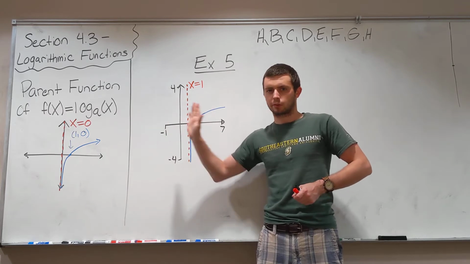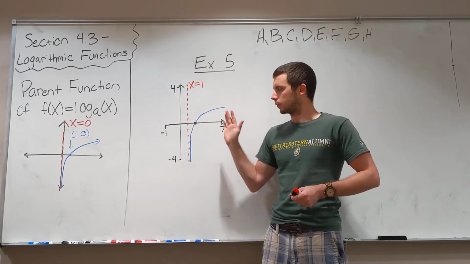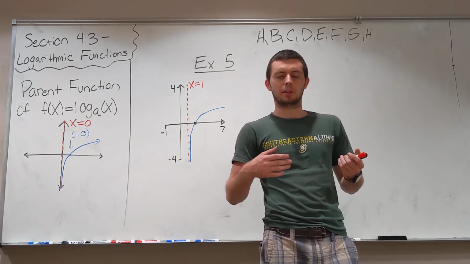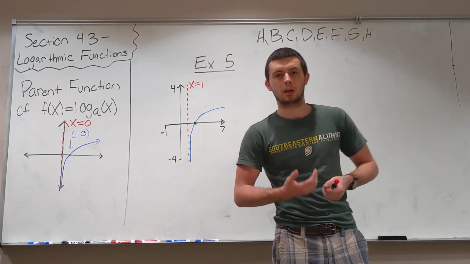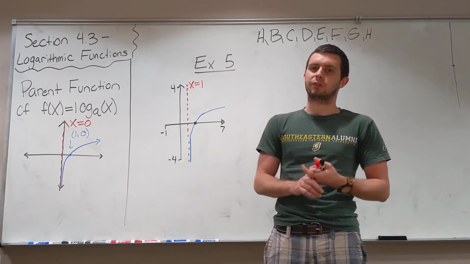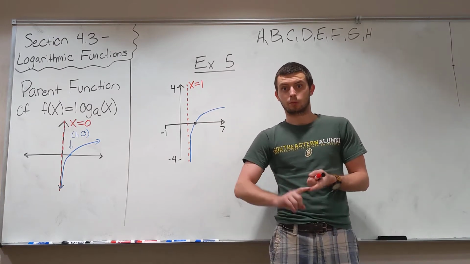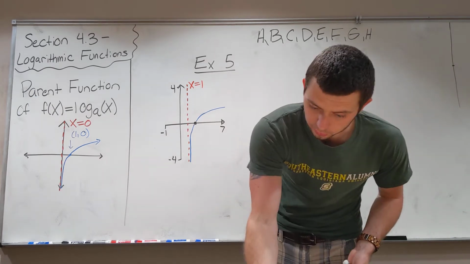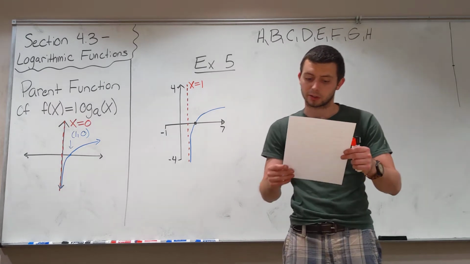It's just everything is shifted to the right one time. And as such, since the shape is the same, there's no reflections. And because there's no reflections, any problem that has a negative sign in front of the x or in front of the whole function, we can get rid of. And so that actually will eliminate a lot of these answer choices.